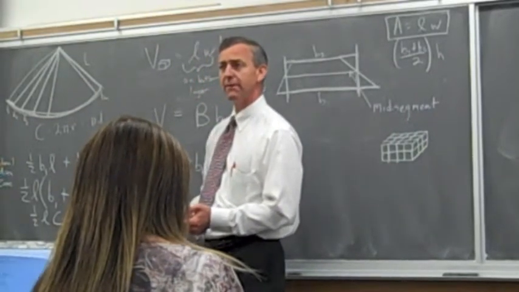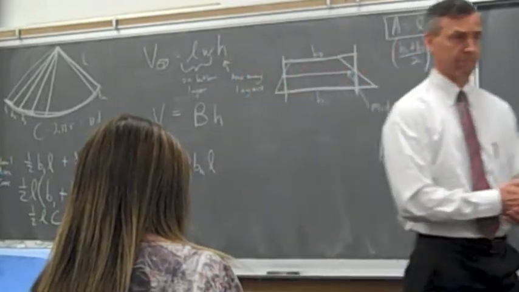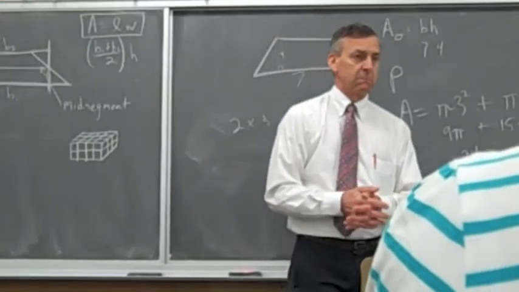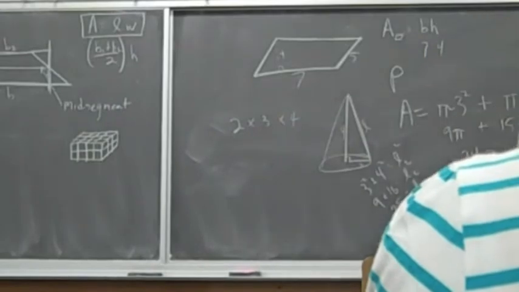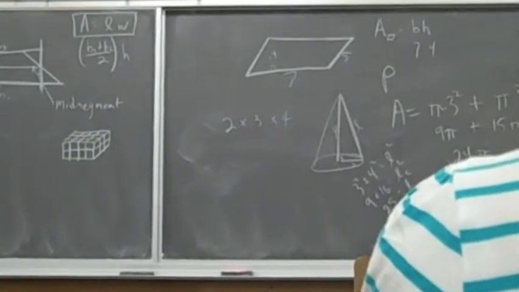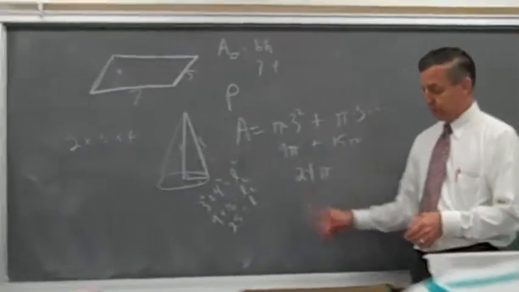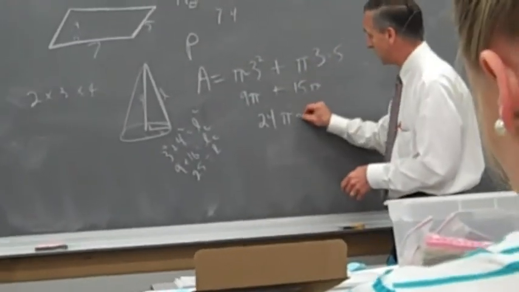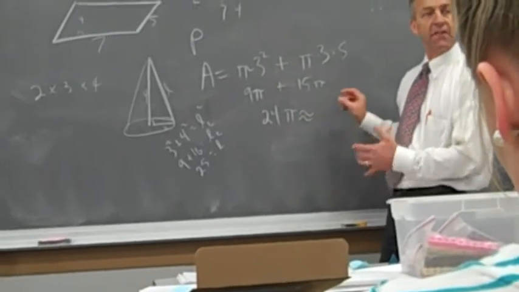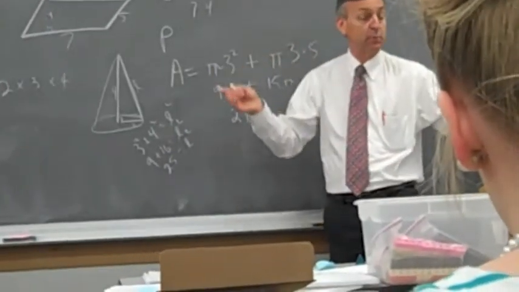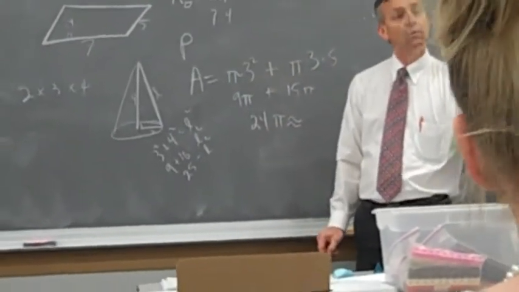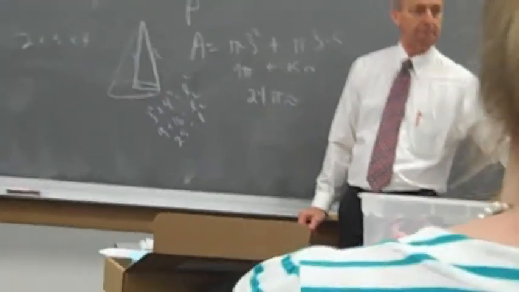Anybody have questions about this? When we get the answer, do you want us to do 24 times pi, or leave it at 24 pi? This is the exact answer, so it's actually more accurate. I don't mind if you want to put your little approximately equal to sign and then put something that you round off to an appropriate length, but I don't need you to.